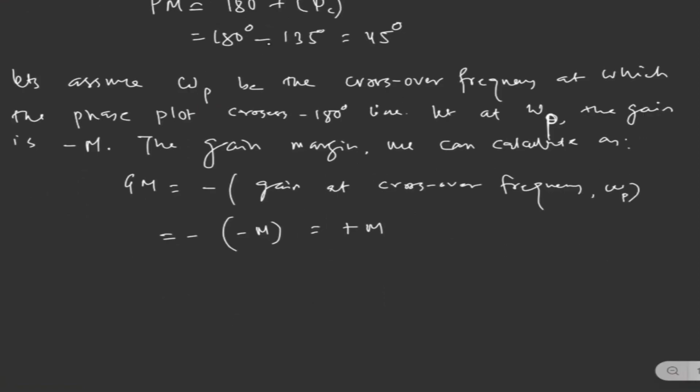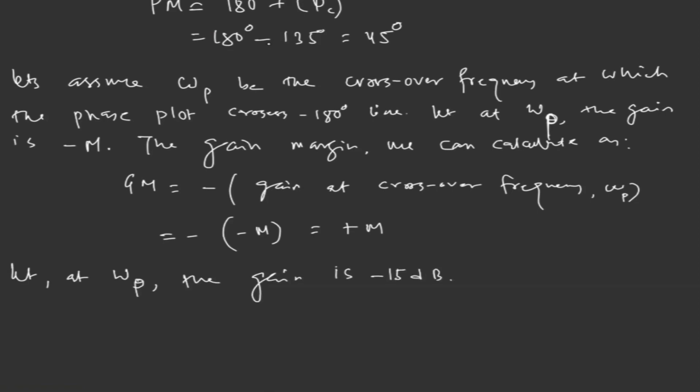So if you take an example, let the gain at omega p be minus 15 decibel.